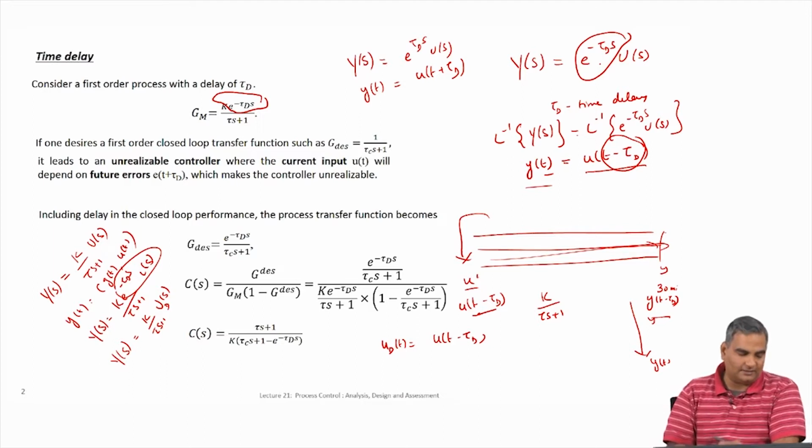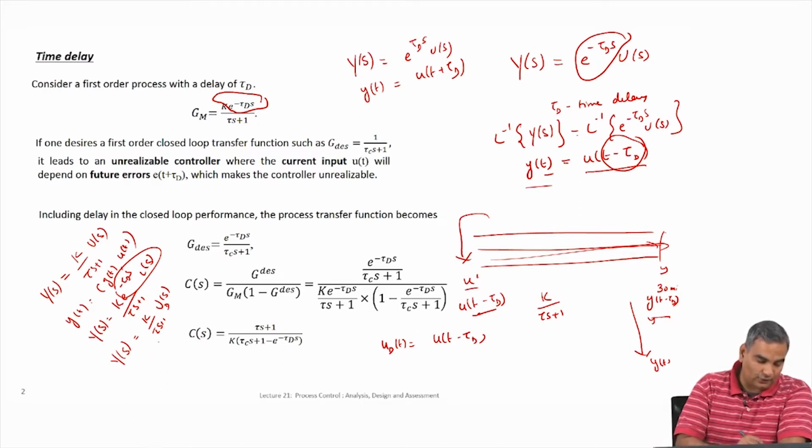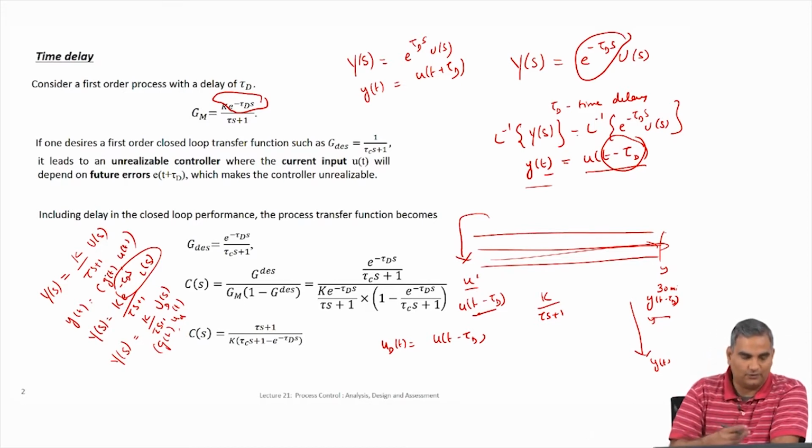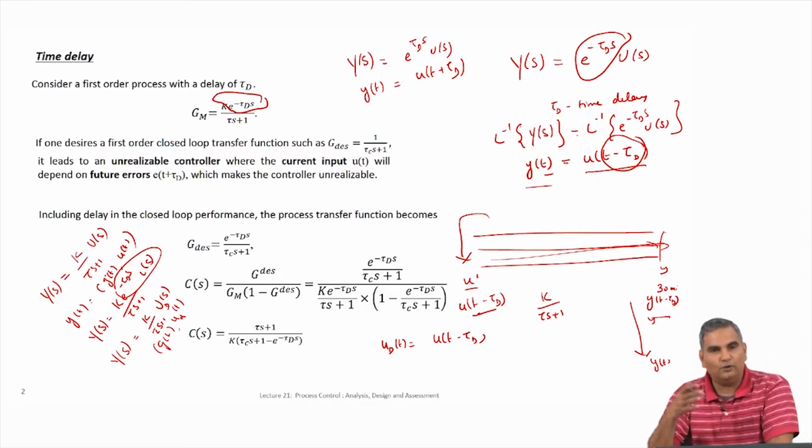So, basically in this case the convolution will be between some function and the delayed version of u. This says the first order is going to act instantaneously on changes to u. When I add a time delay, the first order is going to act instantaneously not on u, but on u of t minus tau d.